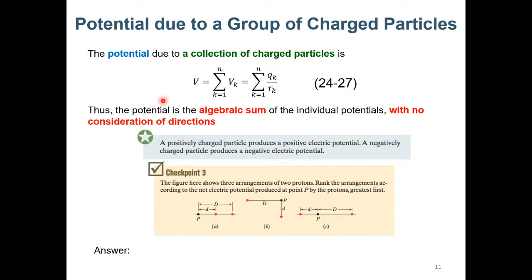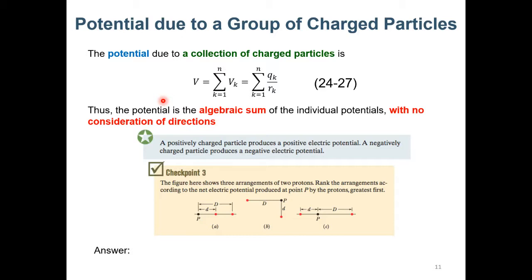And you may say electric field is still the same. You calculate the electric field generated by one charged particle, and then you add all of them together. But for this case, you add many scalars together, which will be more simple.